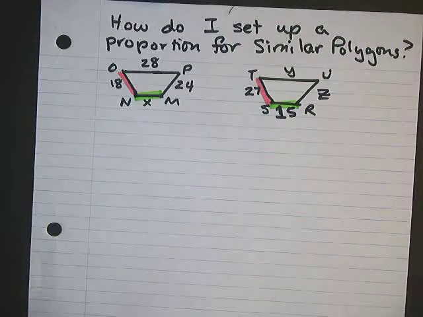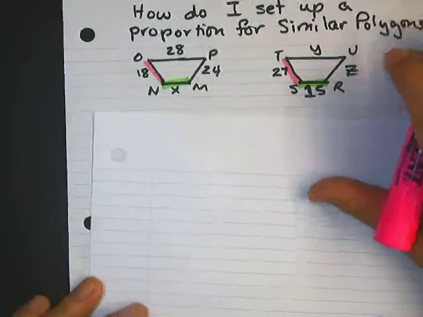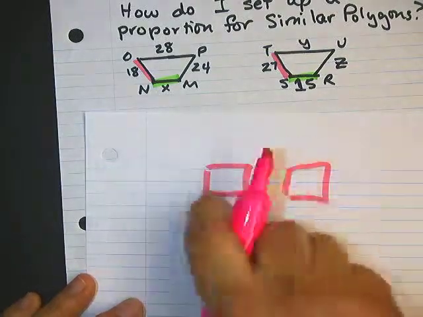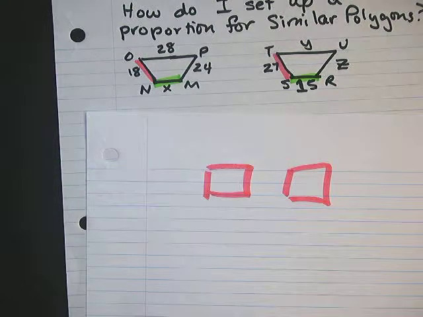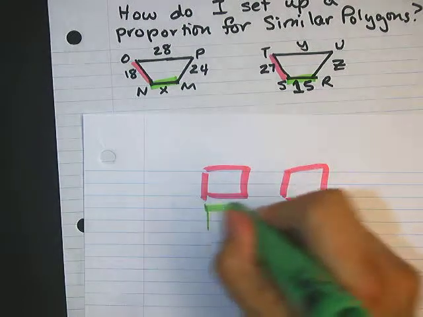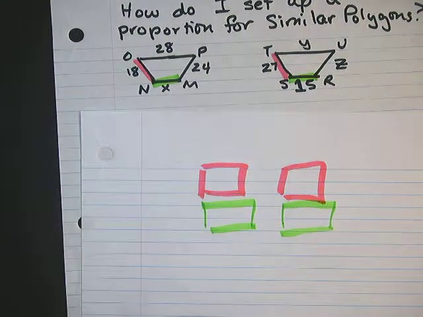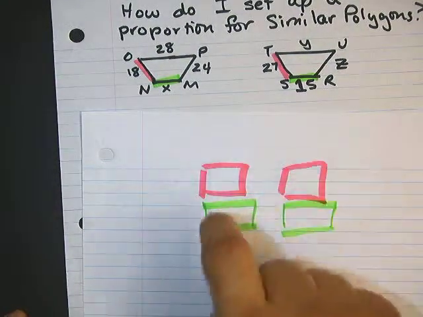All right? Now, when setting up a proportion, let's just talk about what the proportion should look like. It basically does the relationship between the two pink sides. These two should have a relationship. And the two green sides should have a relationship.